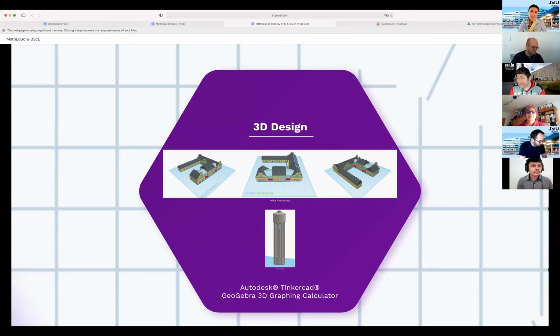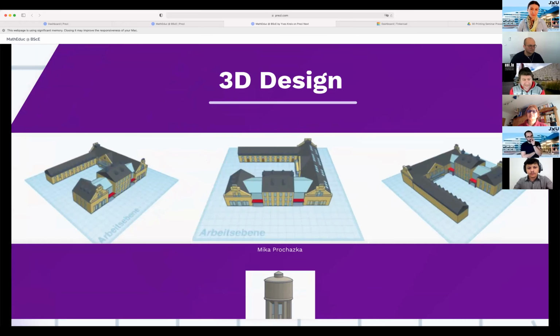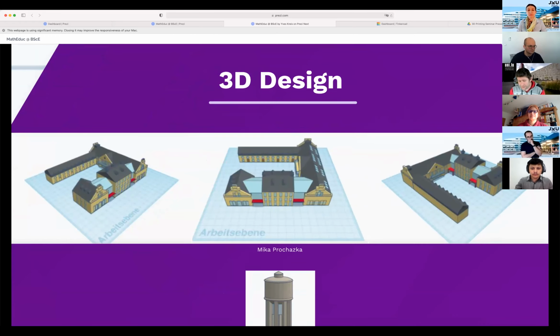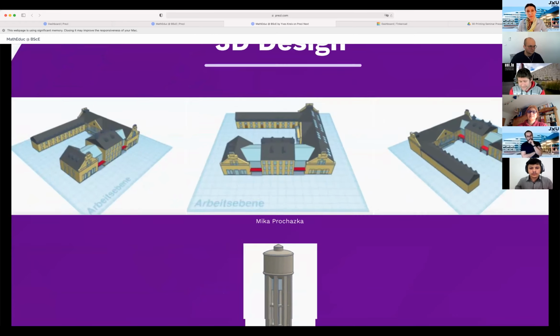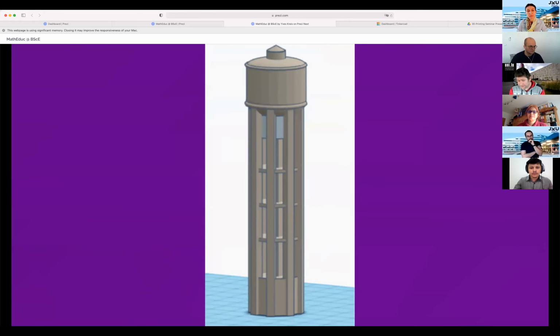And so they take a static element and they design it, mainly in Autodesk Tinkercad or using GeoGebra's 3D graphic calculator. The two pictures you see here are from Autodesk Tinkercad. So this is a city hall, the city hall of Mamer, and you have the water tower in Dudelange, which was used by the steel factories in the last century.